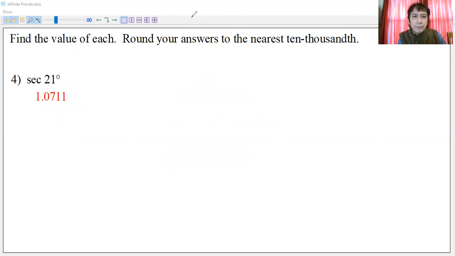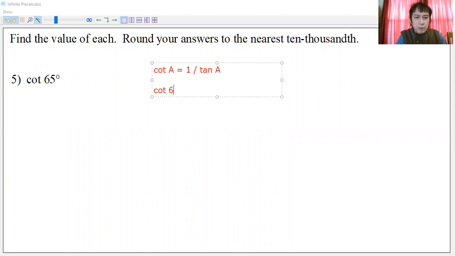Next, let's continue with number 5. Cotangent of 65 degrees. So what is cotangent of 65 degrees? We have the formula: cotangent A is equal to the reciprocal, of course, 1 over tangent of A. So cotangent of 65 is equal to 1 over tangent of 65, which can be obtained from the calculator.